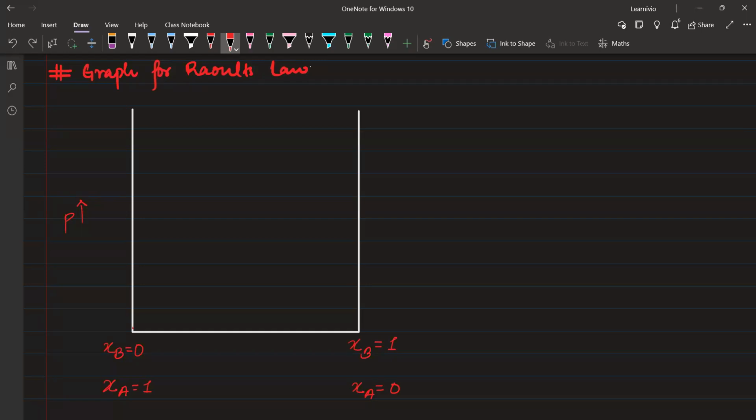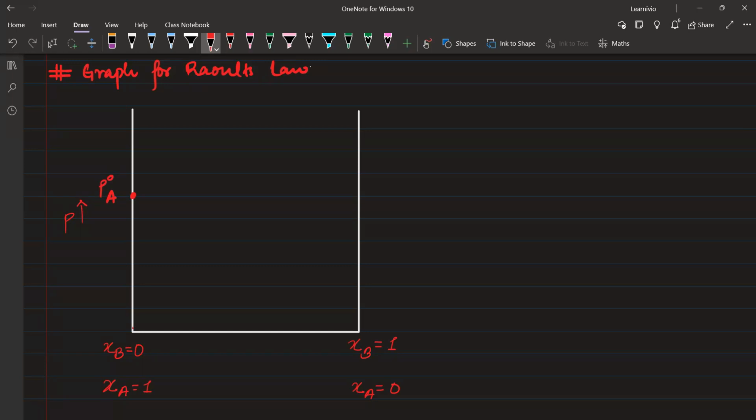So at this point there will be some pressure, and that pressure will be because of A, and we will call this point P naught A. Okay, similarly, if I look at this part where chi-B is equal to 1 and chi-A is equal to 0, we are having pure B. At this point P naught B will be the pressure.